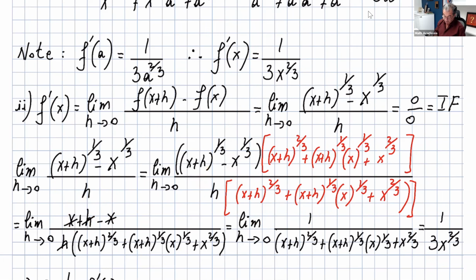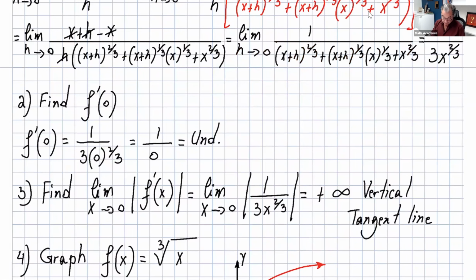If you distribute all that, you are going to get x plus h minus x. The x's cancel, and you can cancel the h's, so you're left with that. And if you substitute h by 0, you do get 1 over 3 times x to the power of 2/3, which is the derivative.